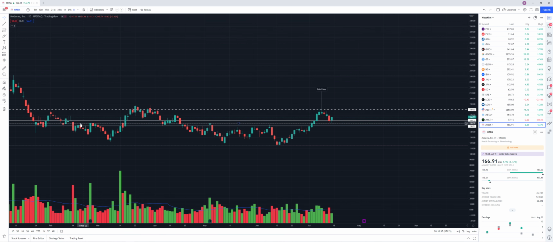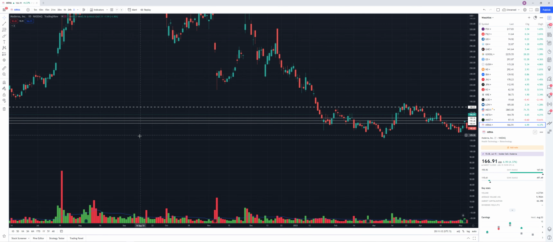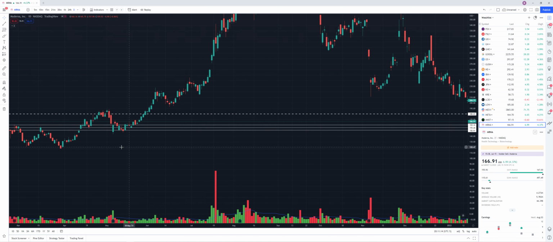Second, the 160 level acted as both support and resistance right here. Same thing right here. That's what led me to believe that this would be the level.